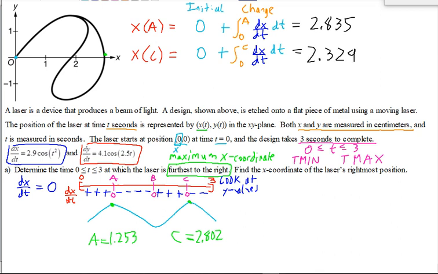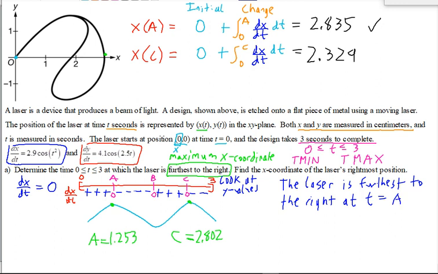So in this case, the larger of the two is 2.835, so that's for the x coordinate, that's what it is, and the time. And it didn't say to justify, so you don't have to. You can say a laser is furthest to the right at t equals, since we just wrote down a there, we can say a.